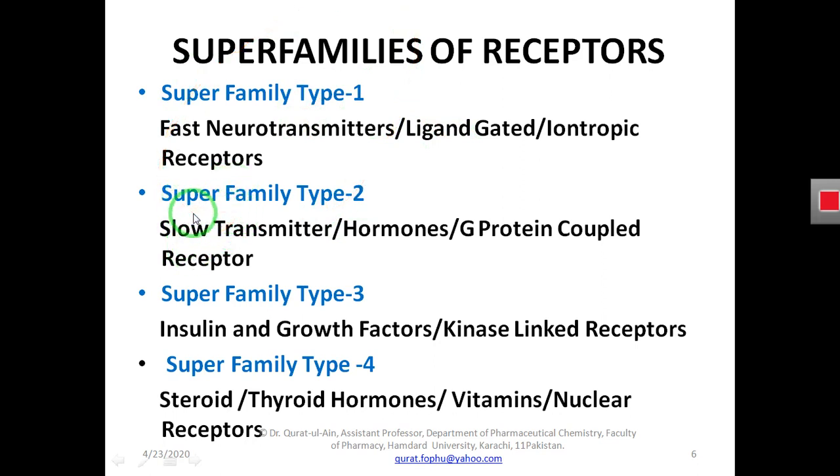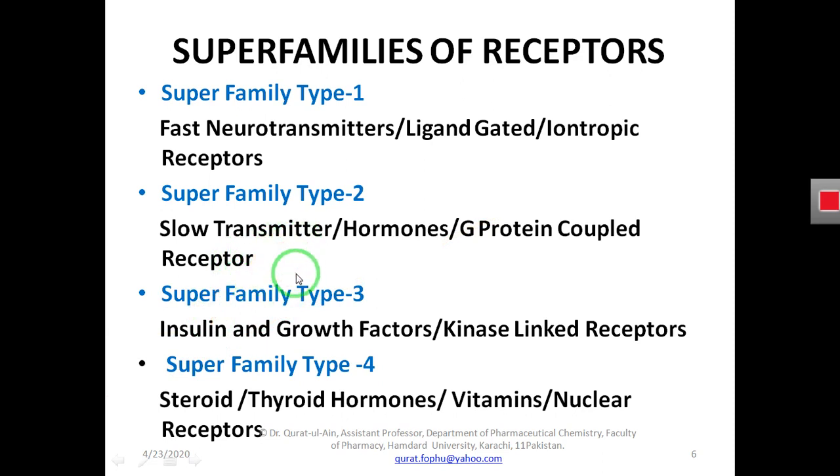Then superfamily 2 is the slow transmitter, which we also call the hormone receptor or G protein coupled receptor. Why do we call it a G protein coupled receptor? Because a G protein is a type of protein that is linked with this receptor. In my next slides we will see the description of each type one by one.